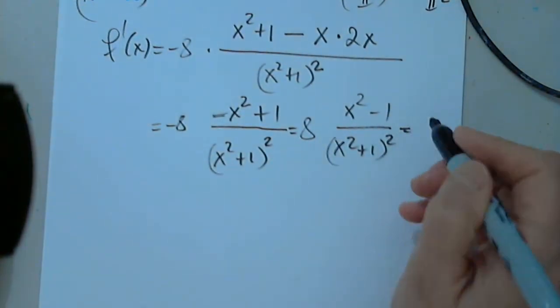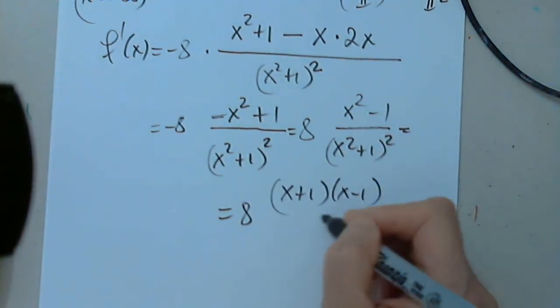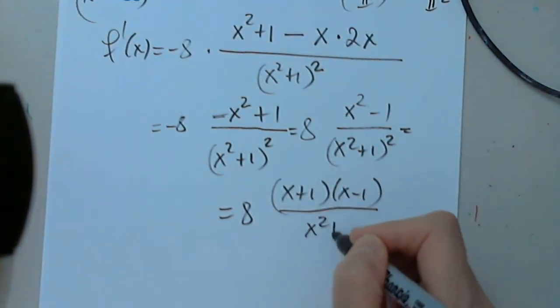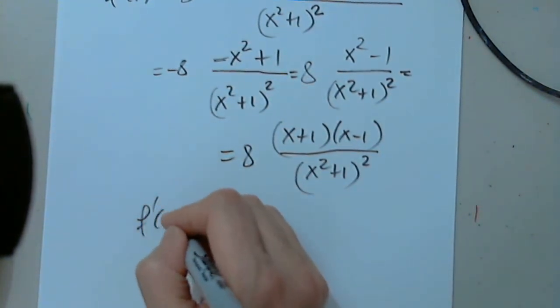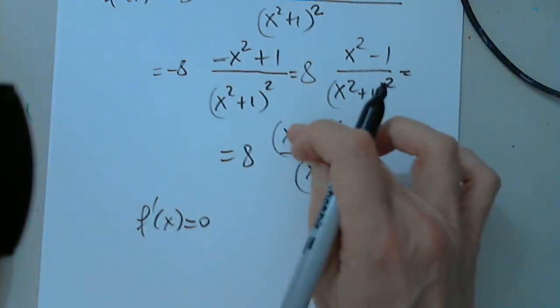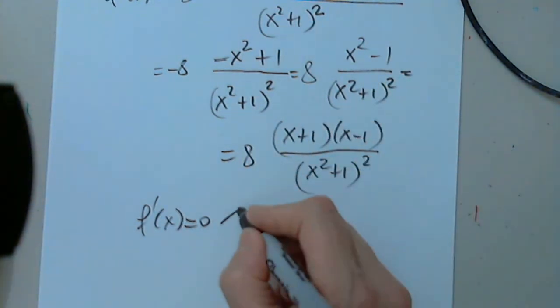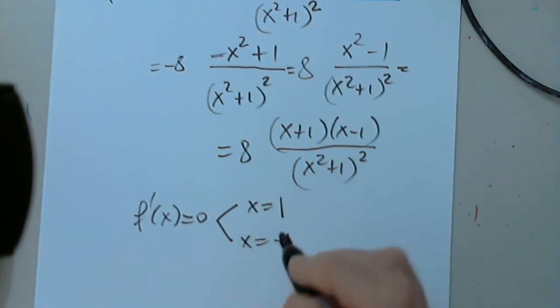Yes, I will factor out the numerator right away. And when I set this equal to 0, I know that a fraction is 0 only when the top is 0. So I get two options, and they are 1 and negative 1.